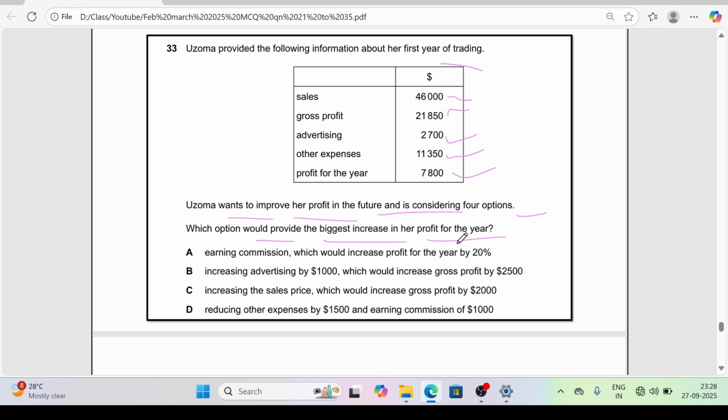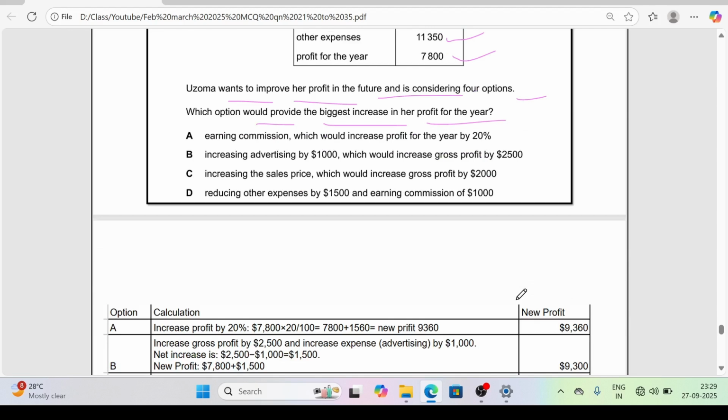Okay, so it's again related to the income statement. Option A, earning commission, which would increase profit for the year by 20%. Option B, increasing advertising by 1,000, which would increase gross profit by 2,500. Option C, increasing sales price, which would increase gross profit by $2,000. Then option D, reducing other expenses by 1,500 and earning commission of $1,000.